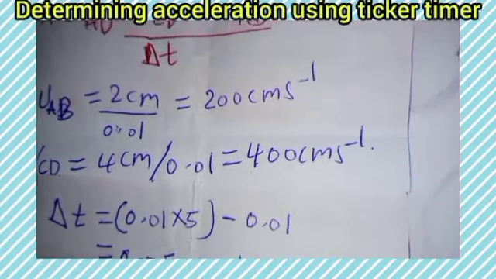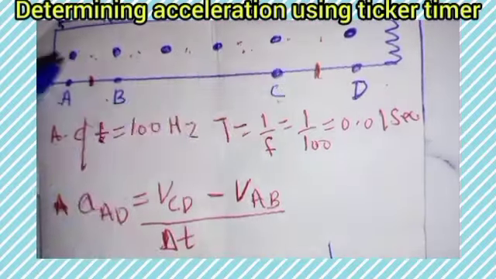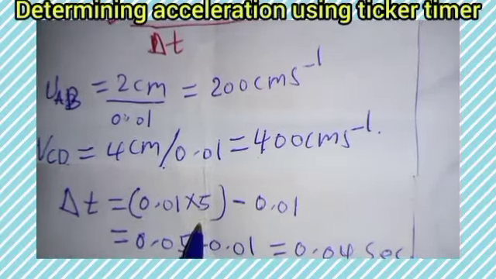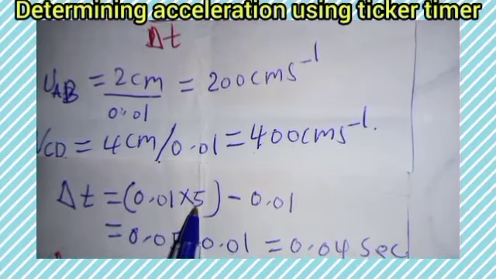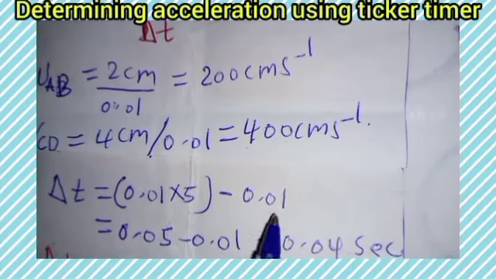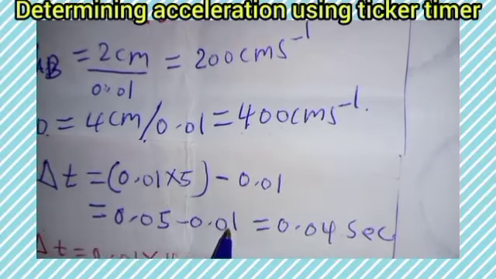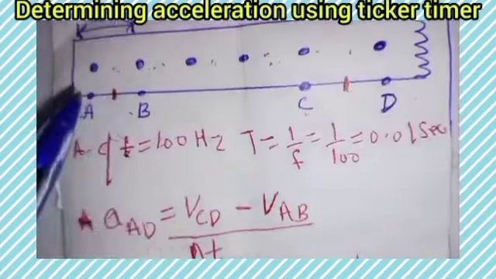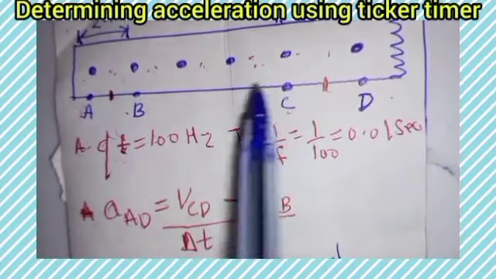Then you get the change in time. Change in time is given by total time, 1, 2, 3, 4, 5. So 5 times 0.01. These are the number of dots. The time between two successive dots is 0.01. We have a total of 5 dots in that diagram. So total time is that minus the initial time, which is 0.01. So this will give you 0.05 minus 0.01 to get 0.04. Or alternatively, you can count from the middle of the first dot to the middle of the final dot, and then you get the time in between.